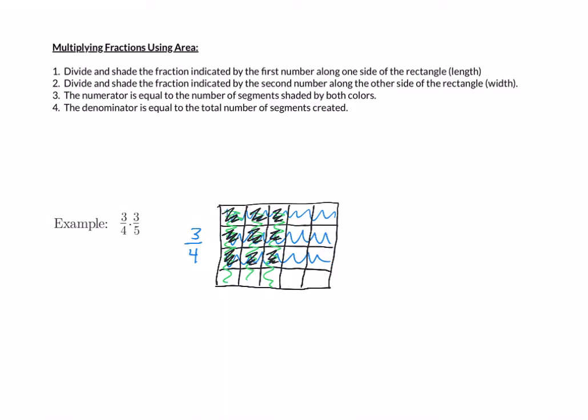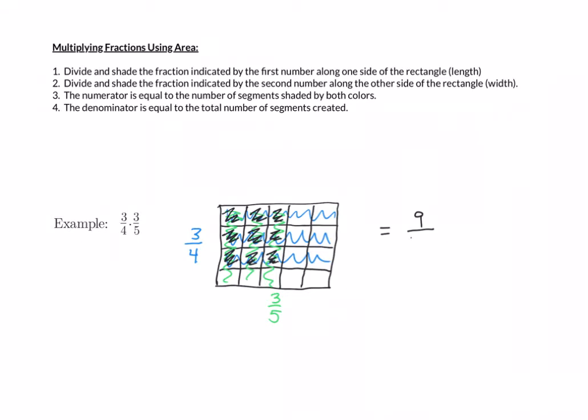And so when we go ahead and figure out our fraction, how many are shaded by both? That is equal to 9, over how many total segments I created in this rectangle?